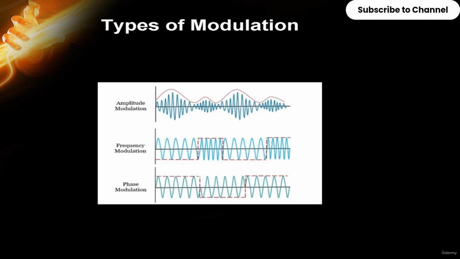Here is an example of amplitude modulation, where the amplitude is varied. In frequency modulation, the frequency of the signal is varied, like low frequency, high frequency. In phase modulation, the phase is shifted, like by 180 degrees.